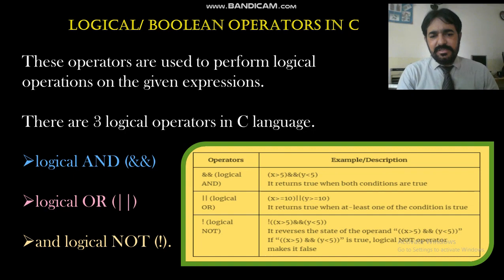Then how we represent operators and how we can use them. AND logical operator: x greater than 5 and y less than 5. It returns a true value when both conditions are true. Means condition A and condition B both are true, means 1, then it is true, means 1.